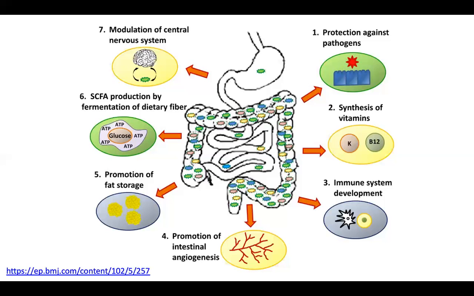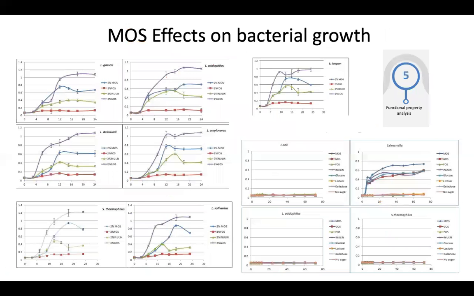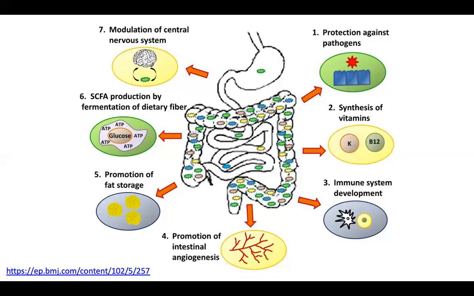We showed briefly that oligosaccharides are pretty good at helping improve so many good probiotic bacteria, and this could be useful as a feed or food, and we think this is a very good way to help improve the value of mannose.